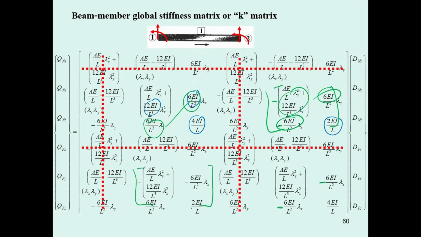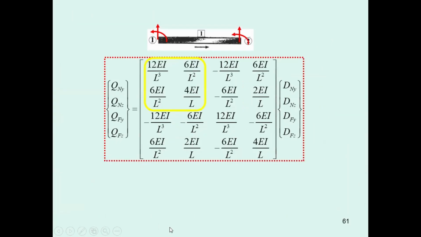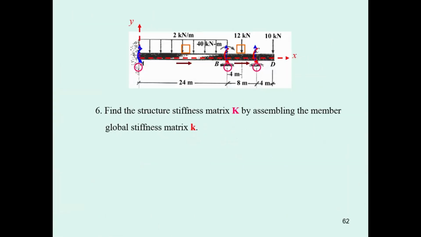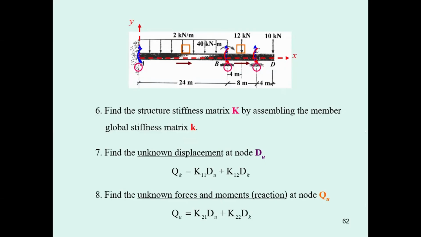Be careful to use the reduction. You should put it on a separate page and you get the result. Now, you have this one. Again, combine small k matrix into capital K matrix as before. And then do the computation with your calculator.